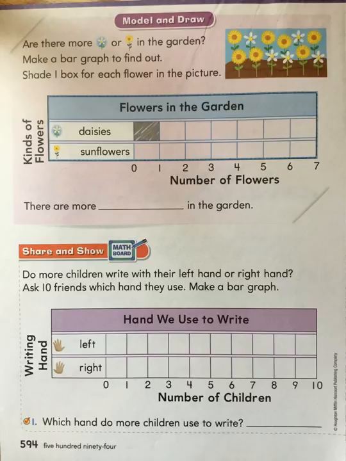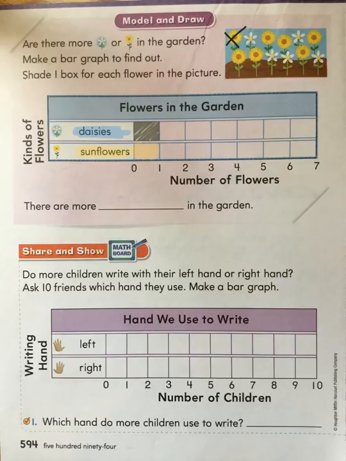So first, I'm going to assign a color to each one. We'll have the sunflowers yellow and the daisies blue. So let's see here. I'm going to cross off a sunflower, color in the bar.